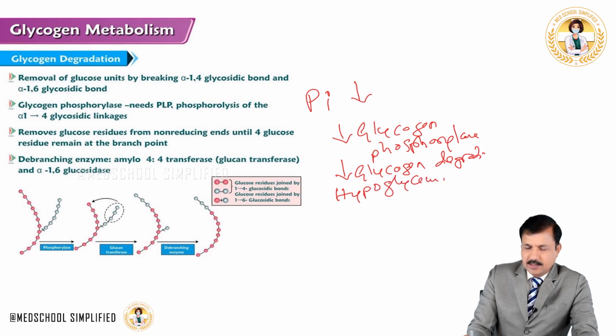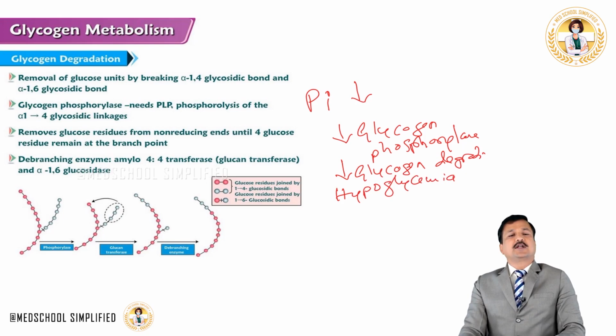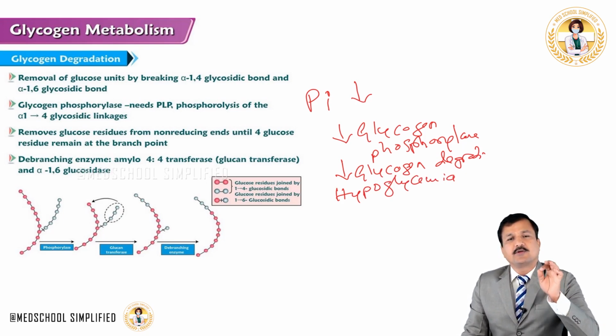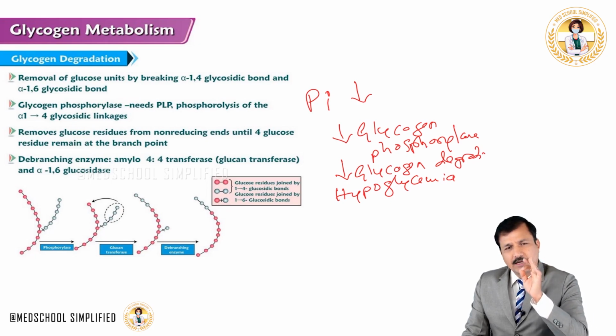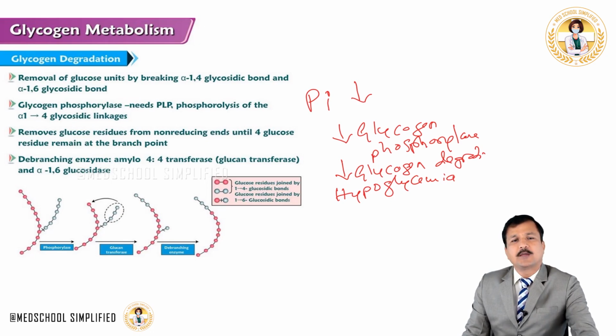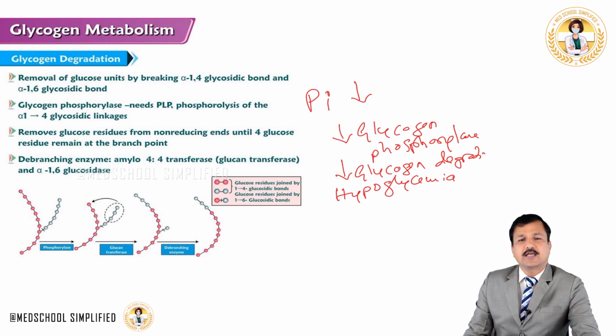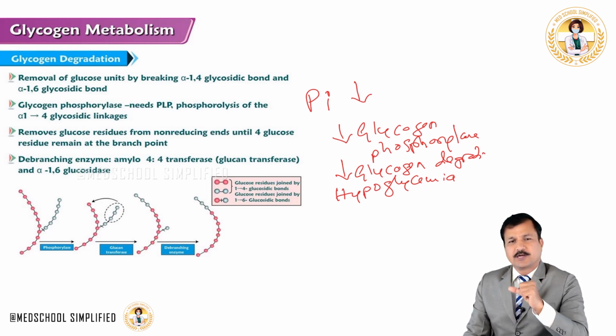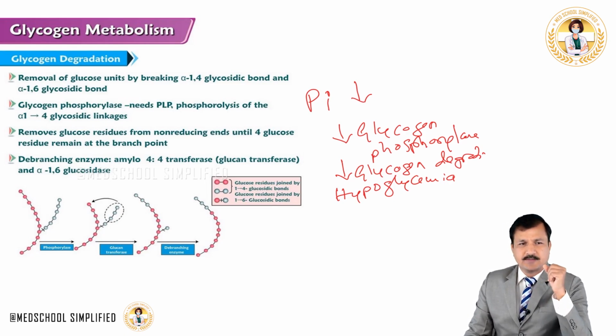That's why whenever there is decreased availability of inorganic phosphate, it leads to decreased glycogen degradation, and thereby contributes to hypoglycemia in conditions like hereditary fructose intolerance, which is in fructose metabolism, and classic galactosemia in galactose metabolism.